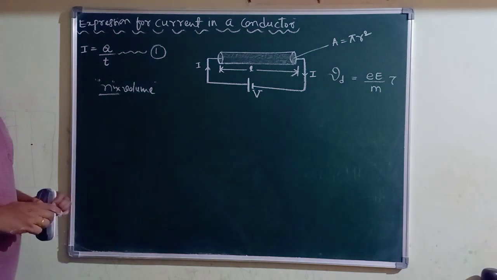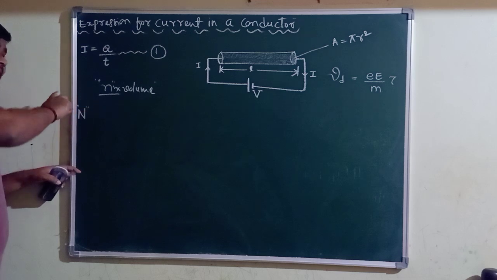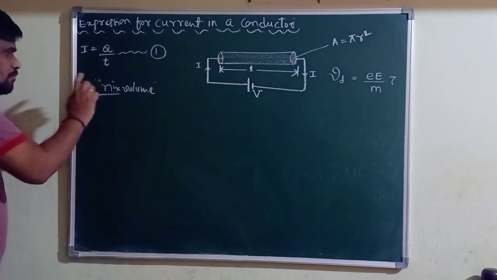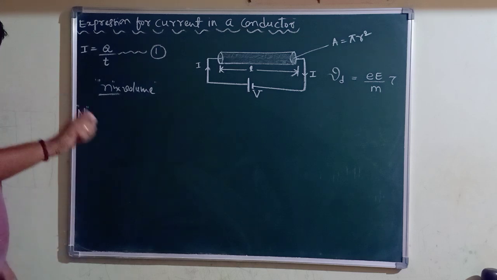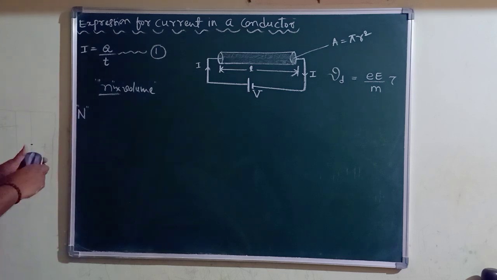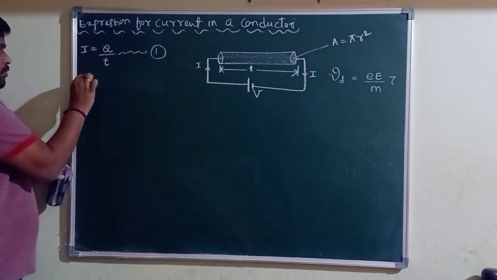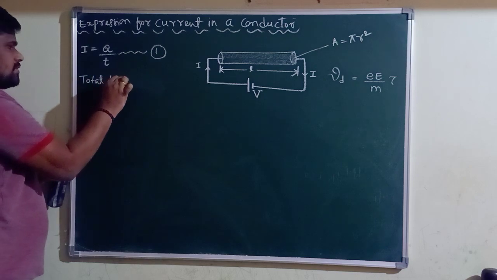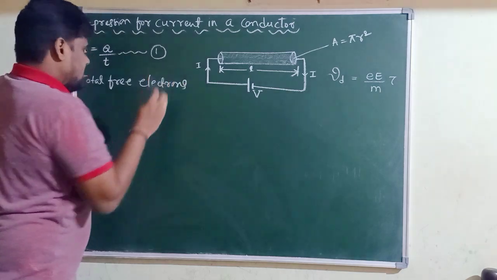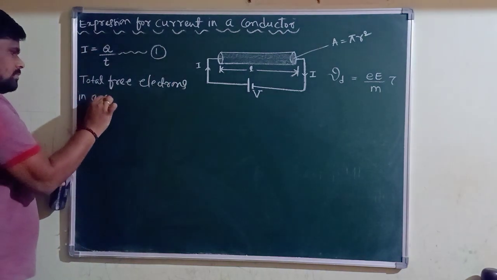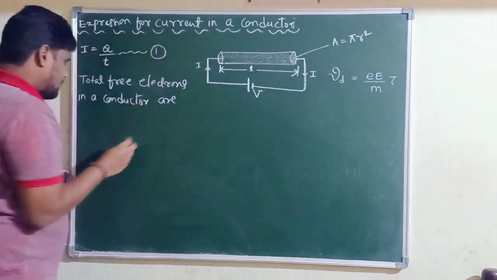Try to understand the difference. Capital N is the total number of free electrons in a conductor. Small n is the number of free electrons per unit volume of a conductor. If that is the case, what are the total free electrons in a conductor?